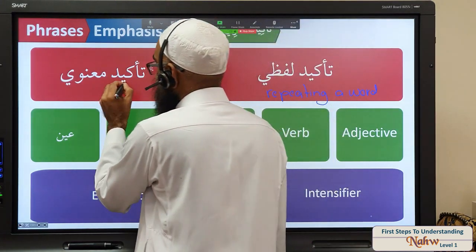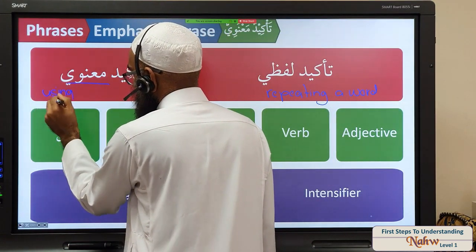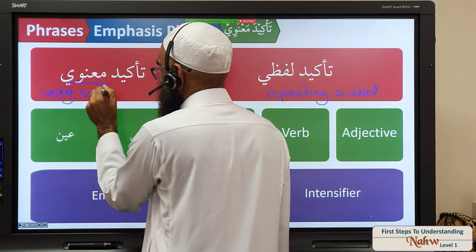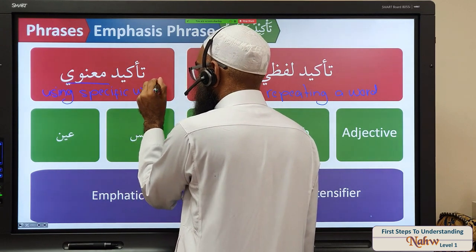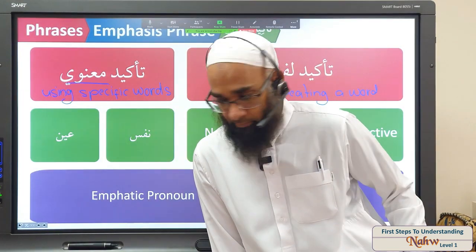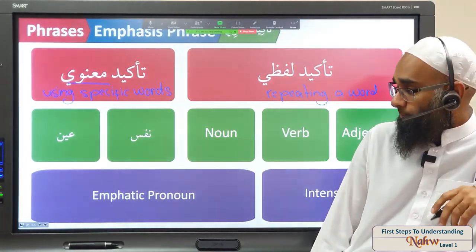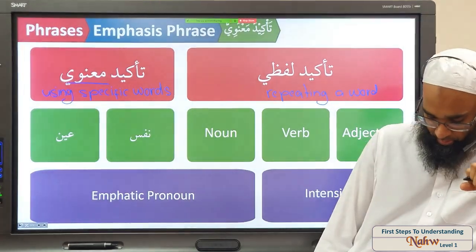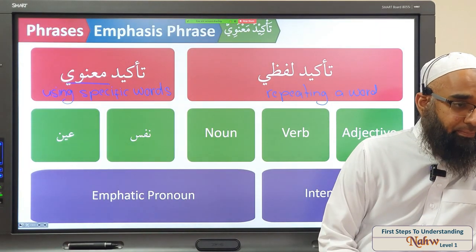And ta'keed ma'nawi is what? Using specific words. Okay? You got it? Now, depending on the word you repeat, there will be different meanings.